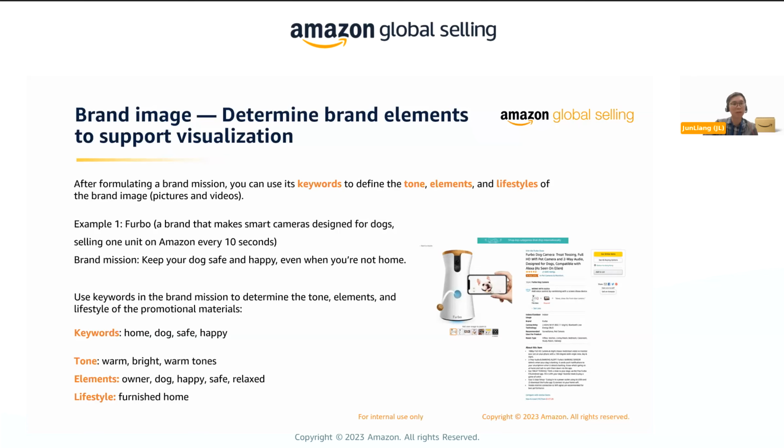This is a brand that makes smart camera designs for pets, and their brand mission is to keep your dog safe and happy even when you're not at home. With this, they determined their keywords and what kind of tone, elements and lifestyle they want to portray for their brand.